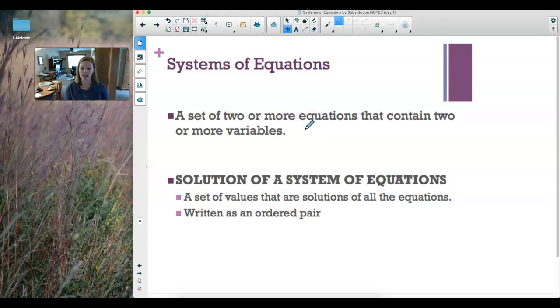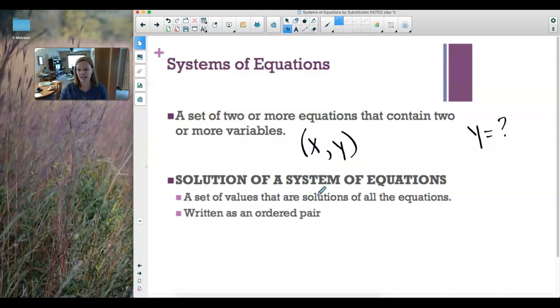You're going to see a lot of equations where you have an x and a y variable, and we are working on finding the solution to those systems of equations. Just having a solution of y equals something is not going to be enough. We are going to need an entire solution of both x and y.